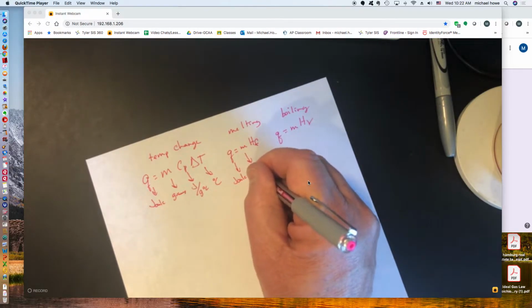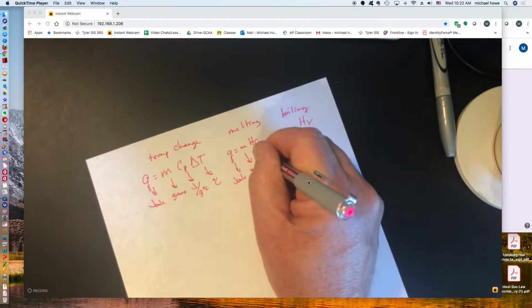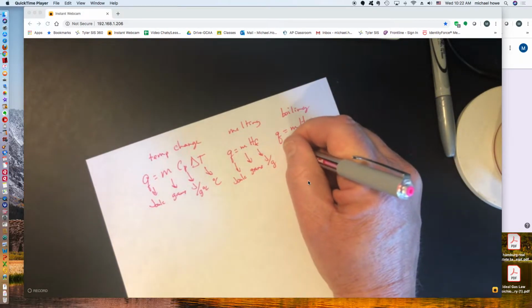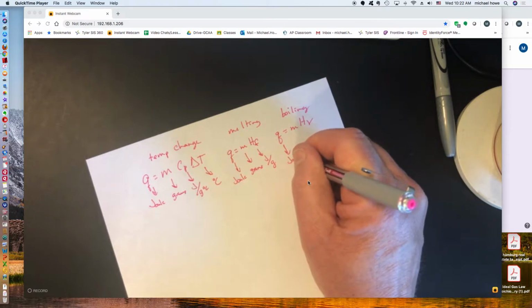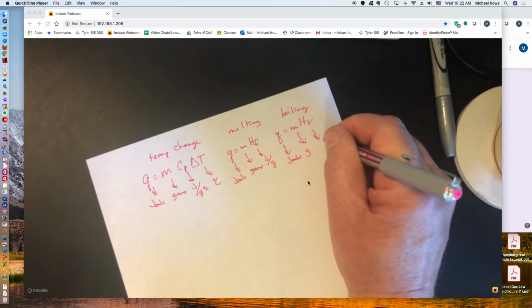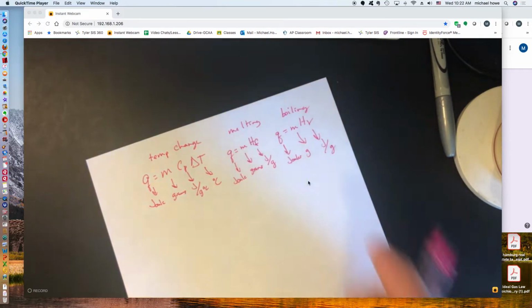M is going to be measured in grams, that's the mass. Heat of fusion will be in joules per gram. Over here, Q again measured in joules. Q stands for the quantity of heat. Grams and joules per gram.